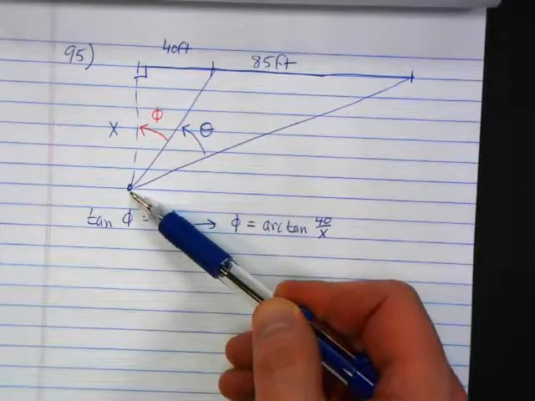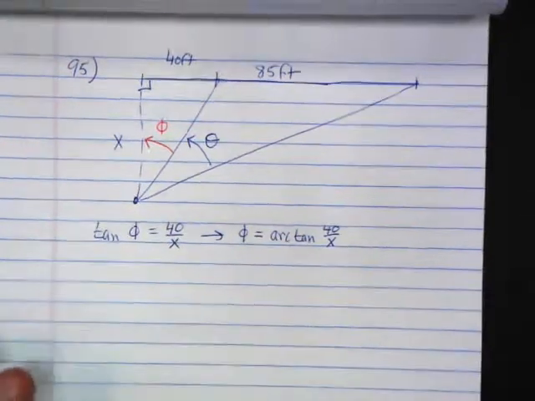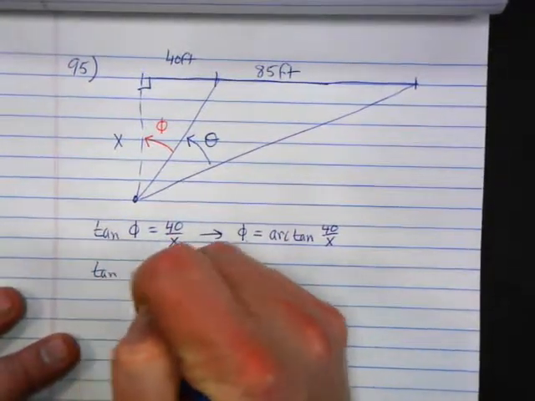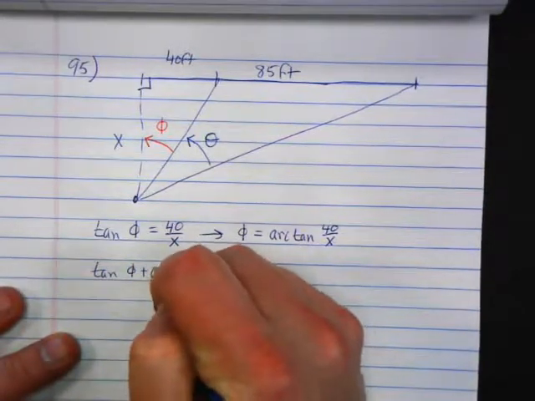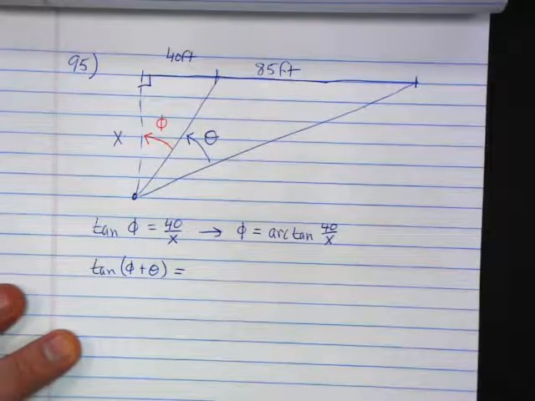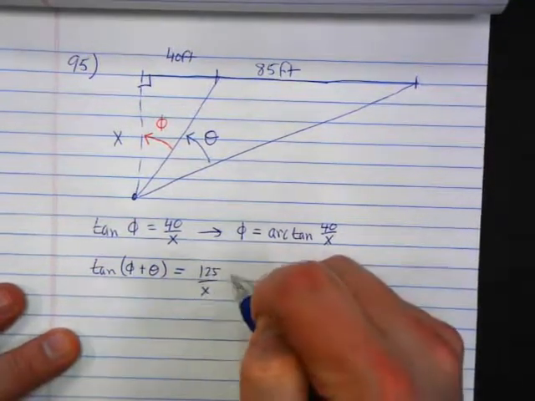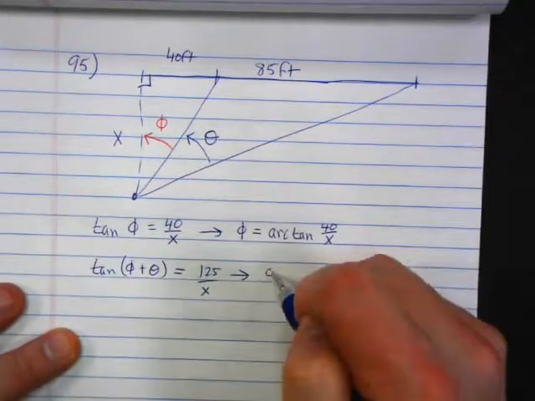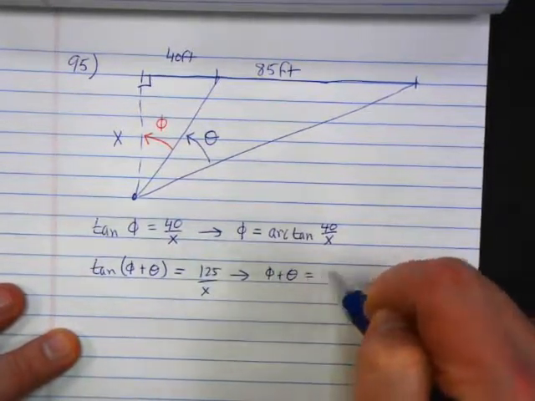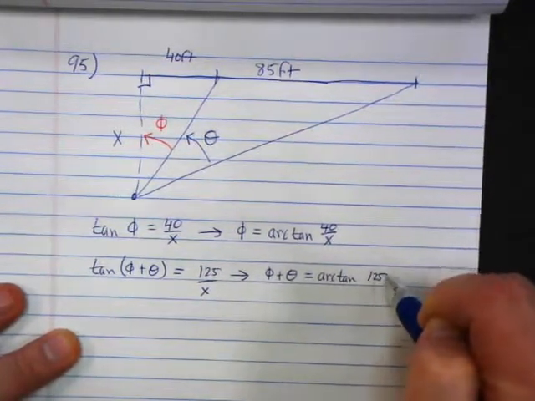The angle is phi plus theta. So tangent of phi plus theta equals 125 over x, which is the same as saying phi plus theta is arc tangent of 125 over x.